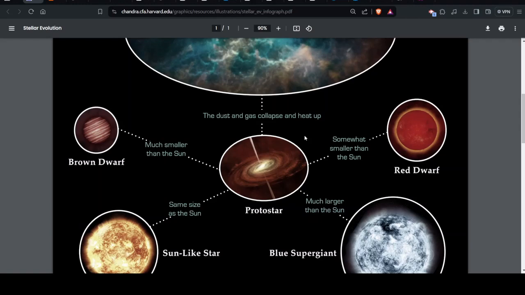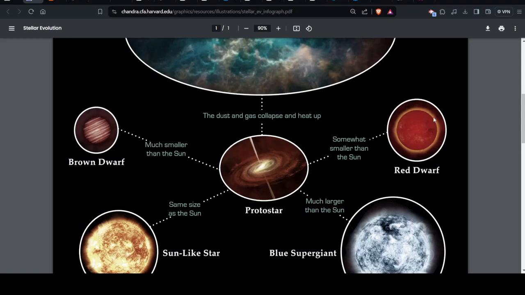So if you have a star that starts out less massive than the sun, I think they measure down to even 0.08 solar masses, nothing really happens with the protostar. It just becomes this brown dwarf off here on the left side of the screen. If you're a little bit smaller than the sun, probably in that 0.1 range, maybe 0.5, you end up over here on the right as a red dwarf.